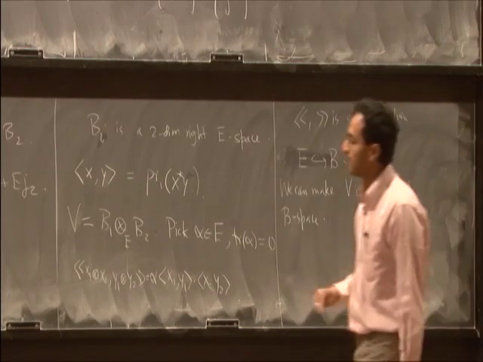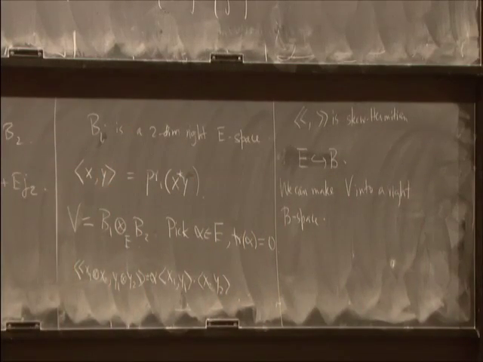B1 and B2 are both given in terms of J1 and J2. Here's a model for B: you can write B as E plus Ej, where j squared is J1 J2, and the obvious relations hold, namely x times j is j x bar for an element x in E.